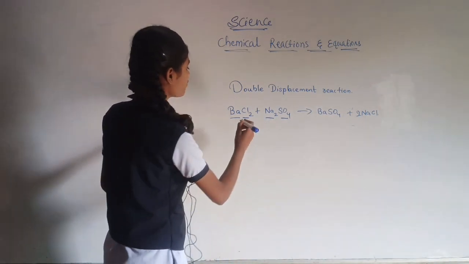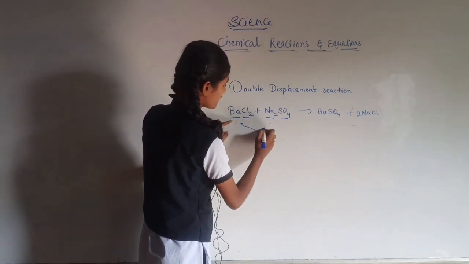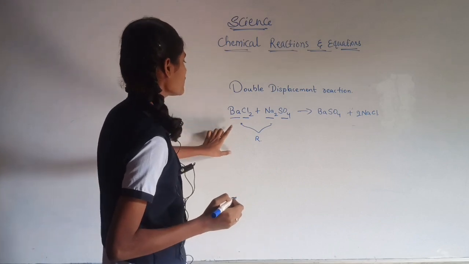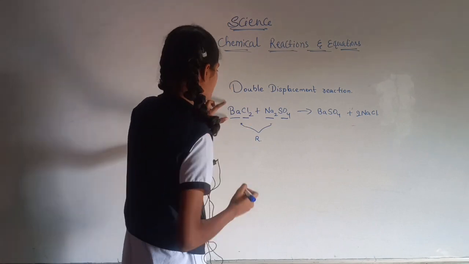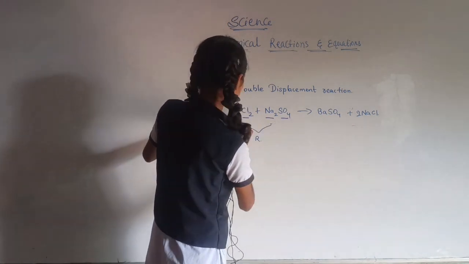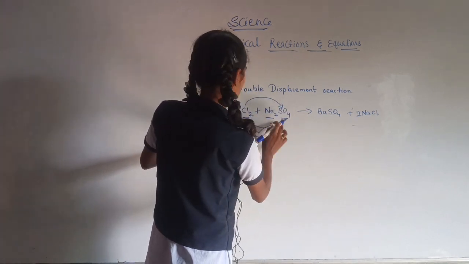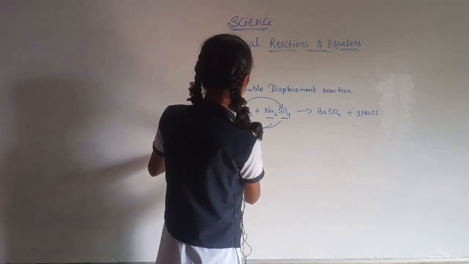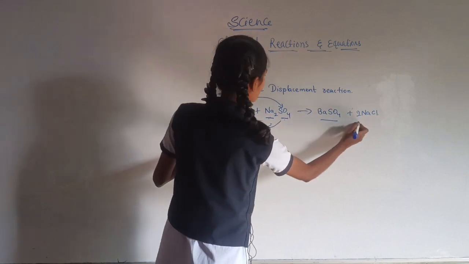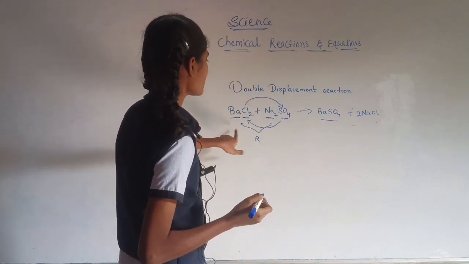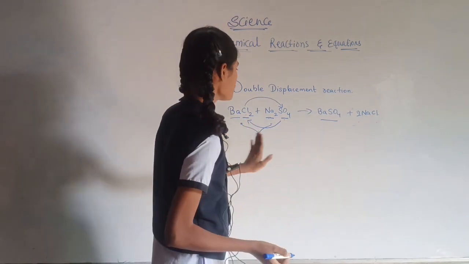So when the two different ions in the reactant molecules are displaced by each other, see here, barium chloride and sodium sulfate are displacing each other, forming barium sulfate and sodium chloride. Both these compounds are displacing each other and forming new substances.